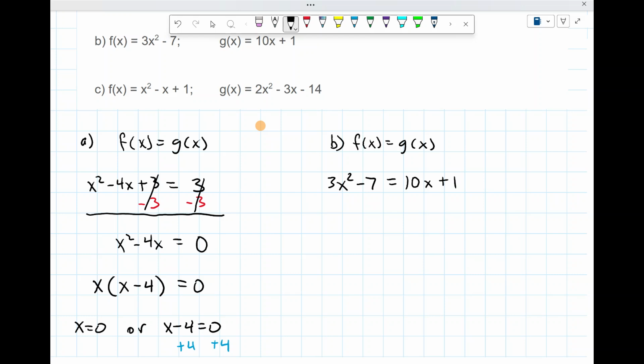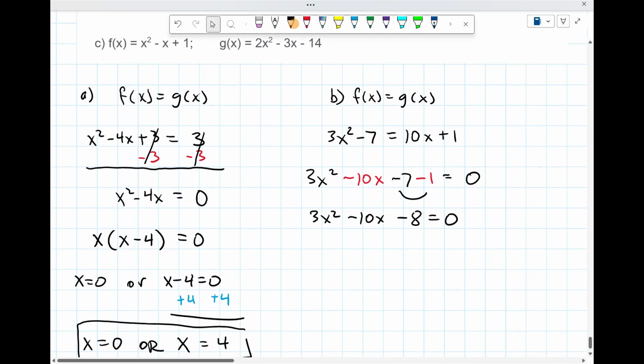And what I'm going to do is move everything from the right-hand side over to the left-hand side, making sure I change the sign as I do that. All right, and I'm going to go ahead and combine the like terms at the end.